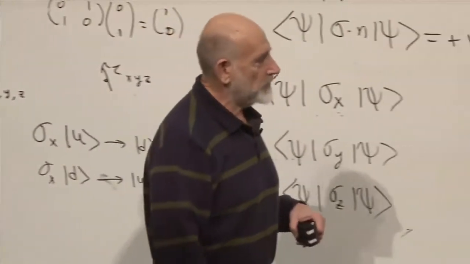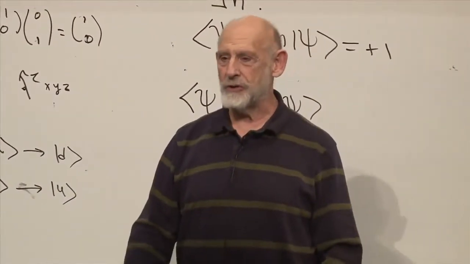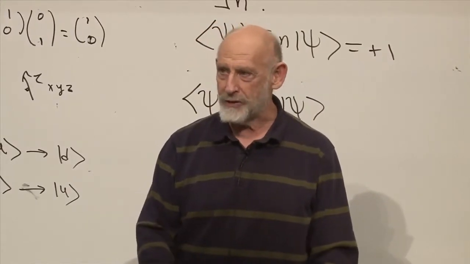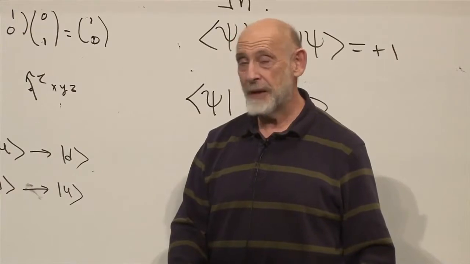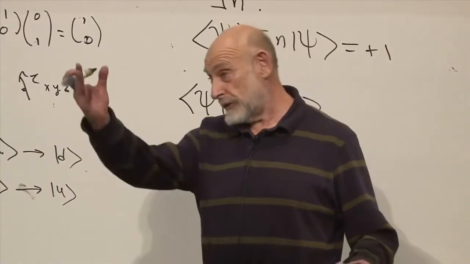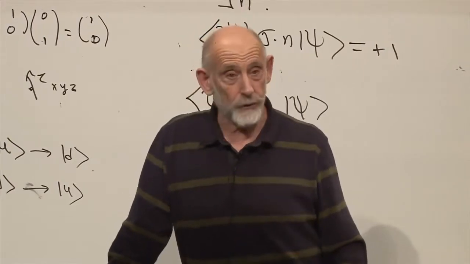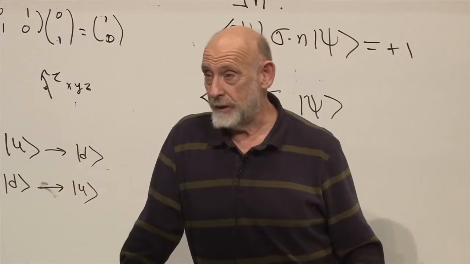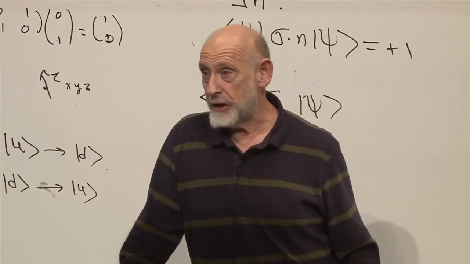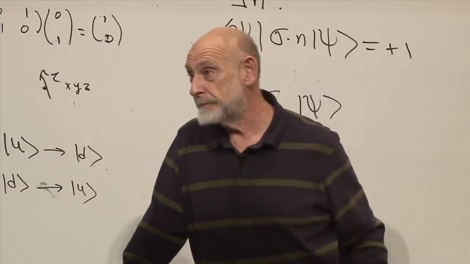So it's obvious that if it's true for one subsystem by itself, it will be true for the composite. What's not obvious is that it's true for one subsystem. So that's an exercise: to show that all three components of the expectation values cannot be zero, and that there's always a direction in which it's maximum.